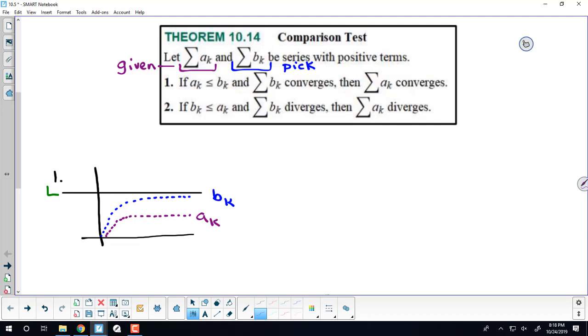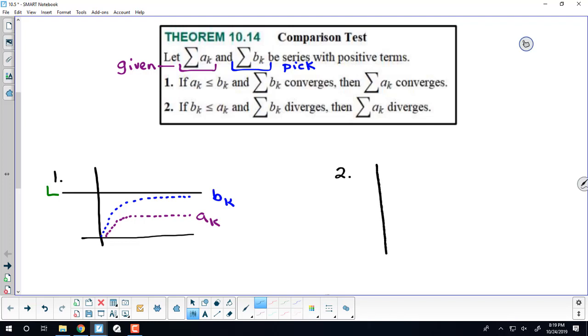And then if the series that we chose as B sub k is less than the series given and B sub k diverges, then A sub k diverges. So A sub k, if it's larger than a divergent series, then A has to diverge itself.